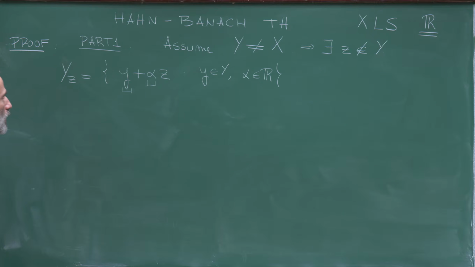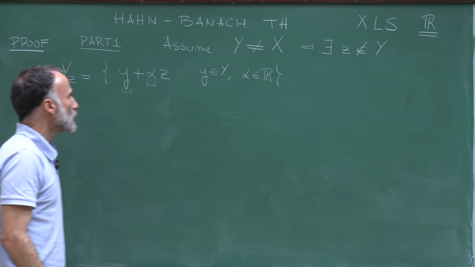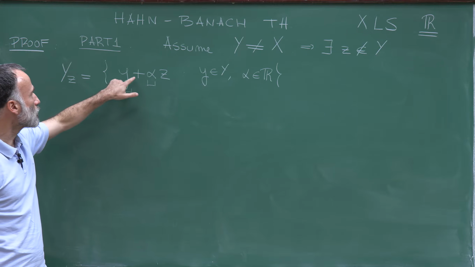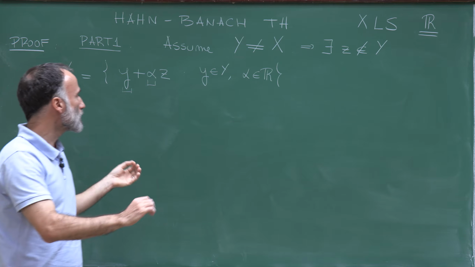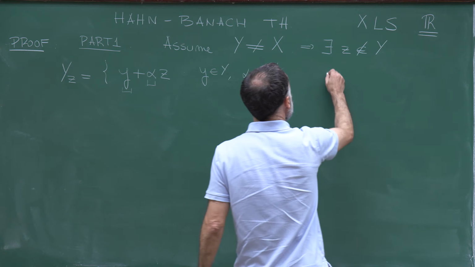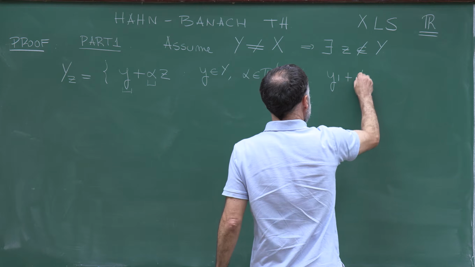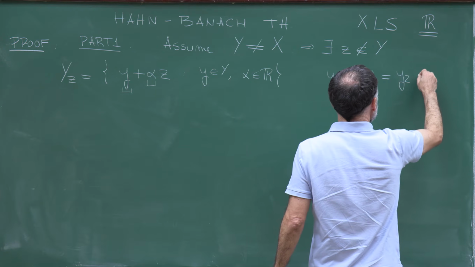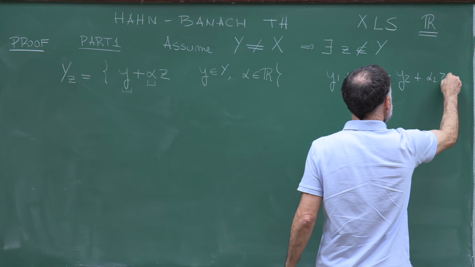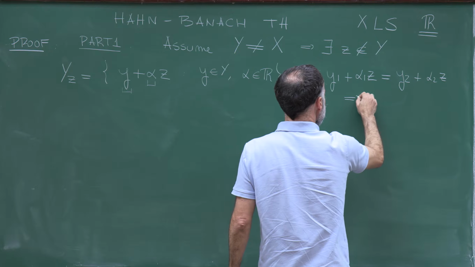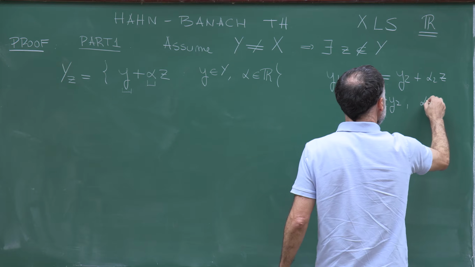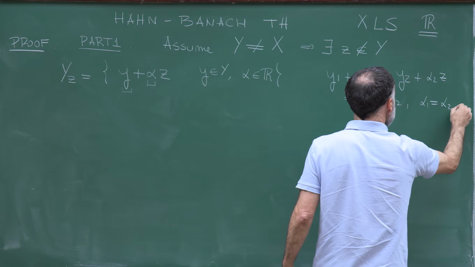y and alpha are uniquely determined, which means that if you take a point in Y + Rz and you write it as y plus alpha z in two different ways, well, they have to coincide. So if I take y1 plus alpha 1 z equal to y2 plus alpha 2 z, what I claim is that y1 is equal to y2, and alpha 1 is equal to alpha 2.